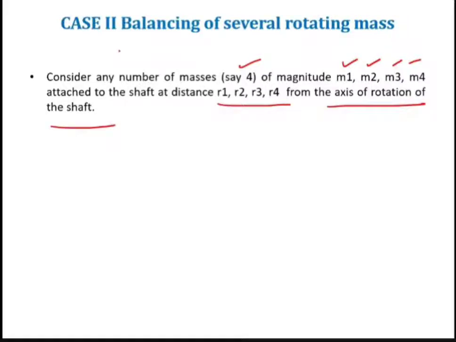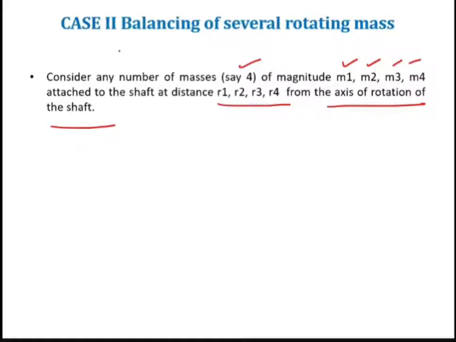Instead of a single mass M1, I have considered 4 masses, maybe 2, maybe 3, maybe 4, depending upon the application. R1, R2, R3, R4 is nothing but the eccentric distance, or you can also call them the radii of rotation of the masses M1, M2, M3 and M4 from the axis of rotation of the shaft.